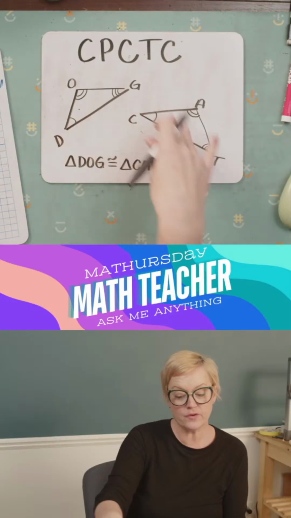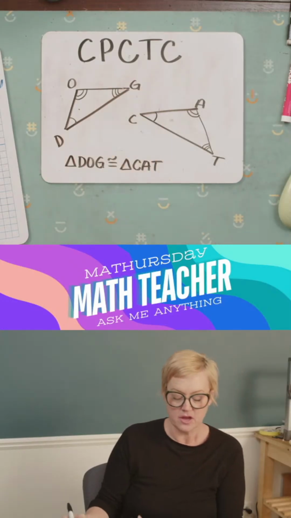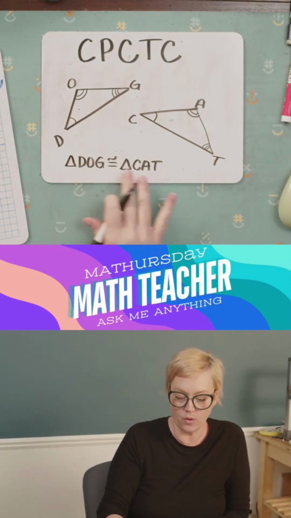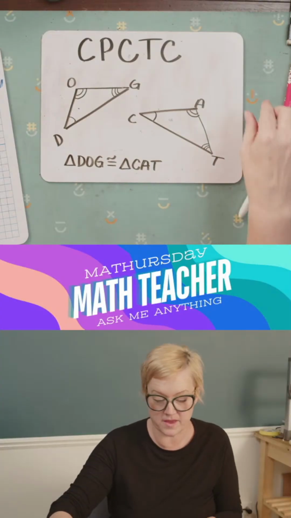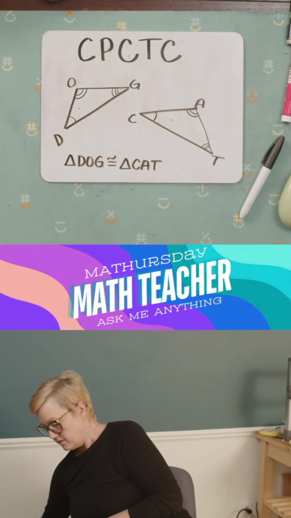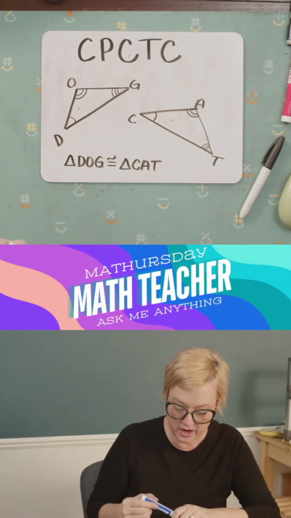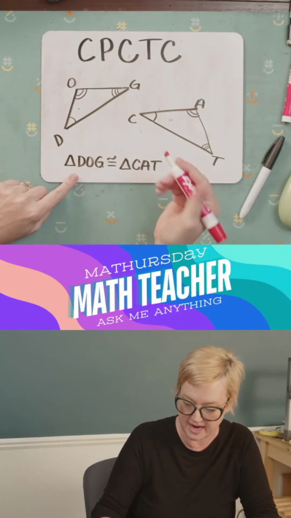Okay, so that goes for the angles, which is pretty straightforward, but it also goes for the side lengths. I can look at the order in my congruent statement.